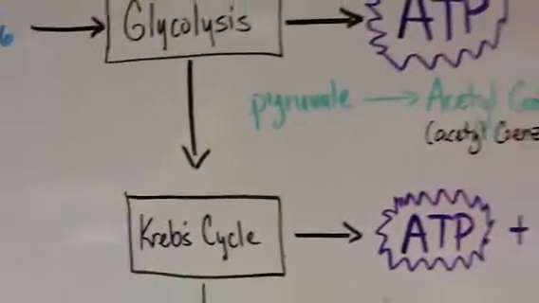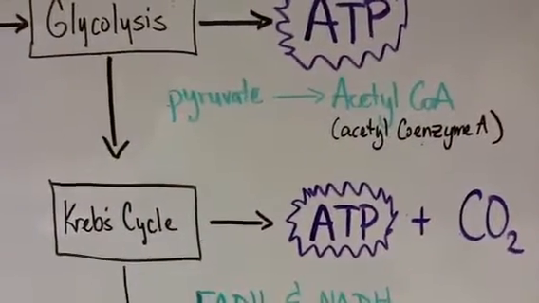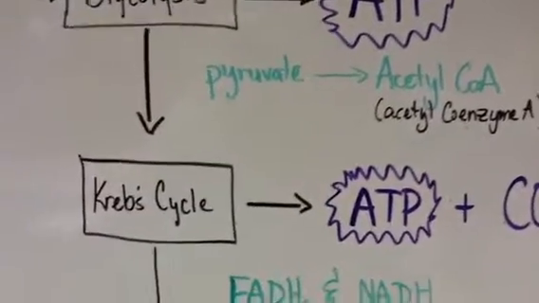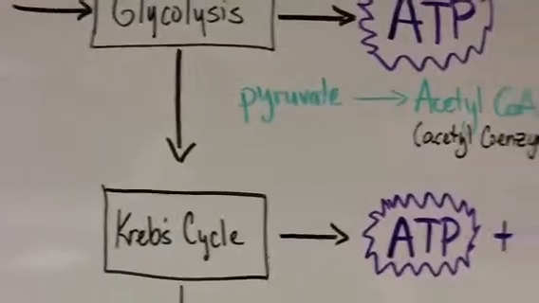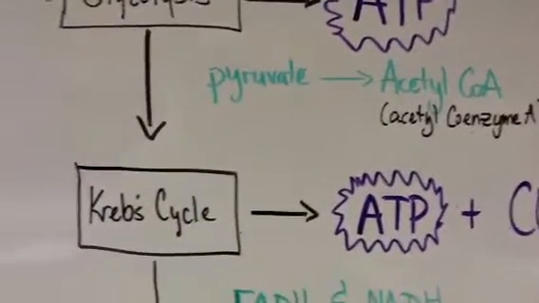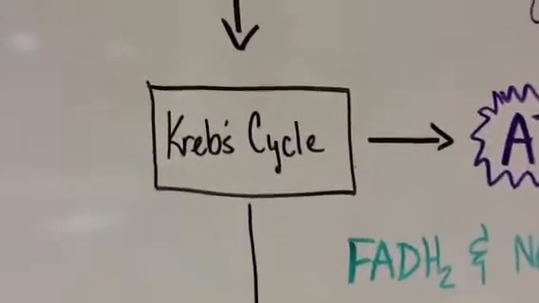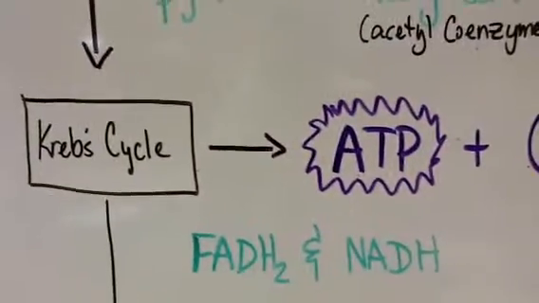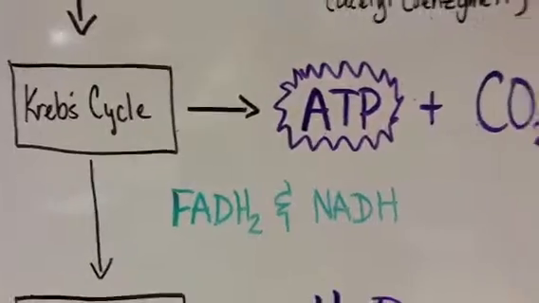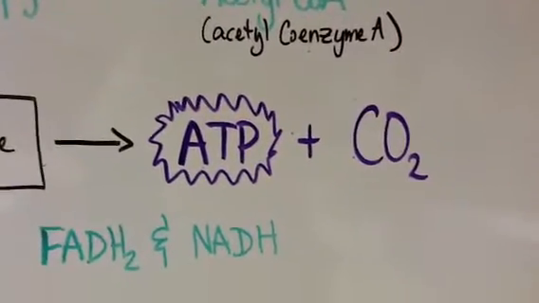Notice, the only thing that's being fed into the Krebs cycle is your acetyl coenzyme A. The pyruvic acid, or your pyruvate, gets broken down to acetyl coenzyme A, which is needed to fuel the Krebs cycle. From that, the Krebs cycle is going to produce ATP, but it also produces carbon dioxide.